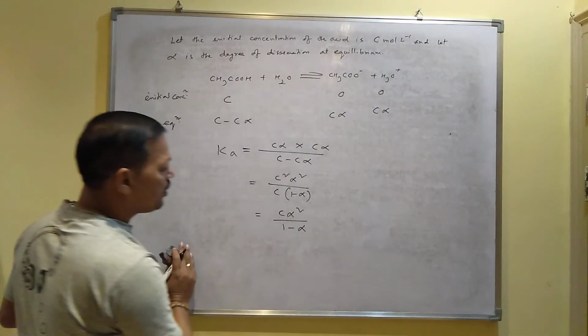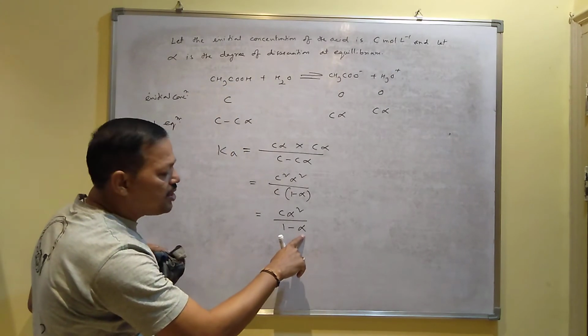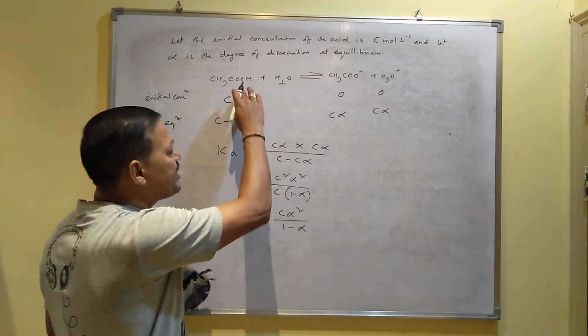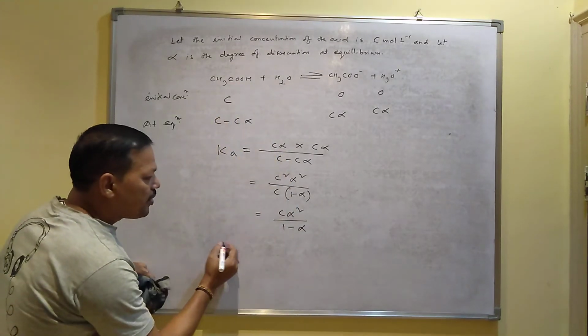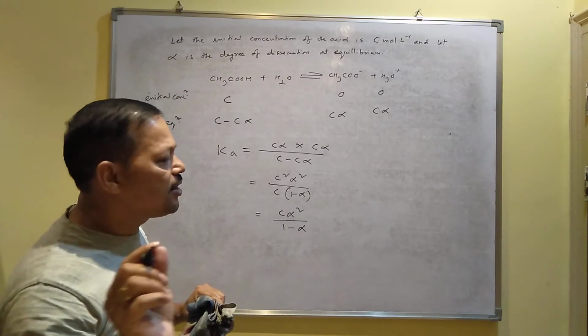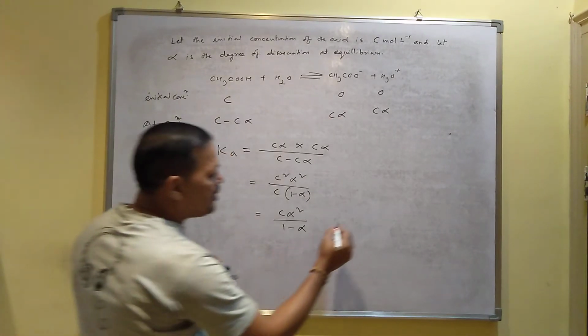Now, since the acid is very weak, the degree of dissociation will be very, very less. If it is strong, then it will ionize more. But since the acid is weak, alpha will be very, very less than 1 because the degree of dissociation is very small. That is why you can write like this.